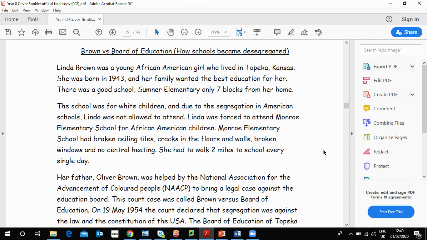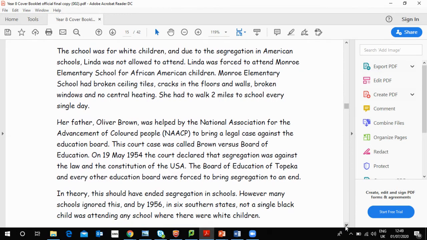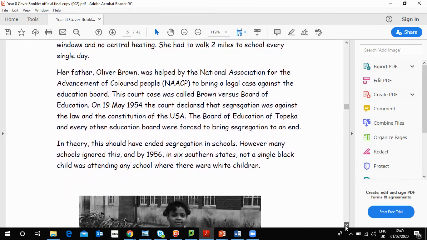Her father, Oliver Brown, was helped by the National Association for the Advancement of Coloured People, the NAACP, to bring a legal case against the Education Board. So that would be like your parents taking on the Department for Education, the DFE. On the 19th of May 1954, the court declared that segregation was against the law.